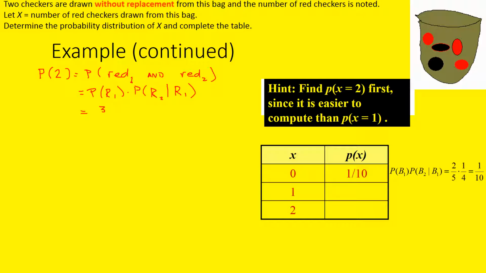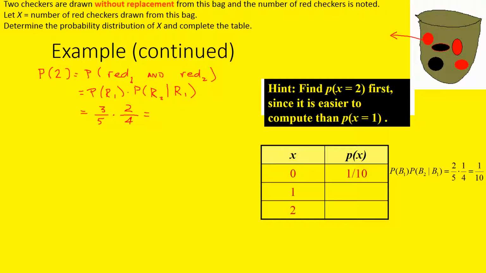So probability red on the first, well, look at the bag. 3 red checkers, 5 total checkers, so 3/5 is the first probability. But now, after the first draw, maybe that one's drawn and taken out of there, we have 4 checkers remaining, 2 of which are red.